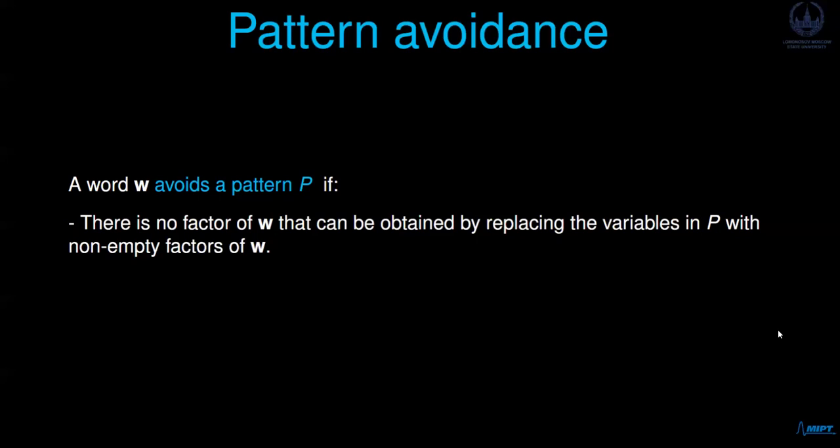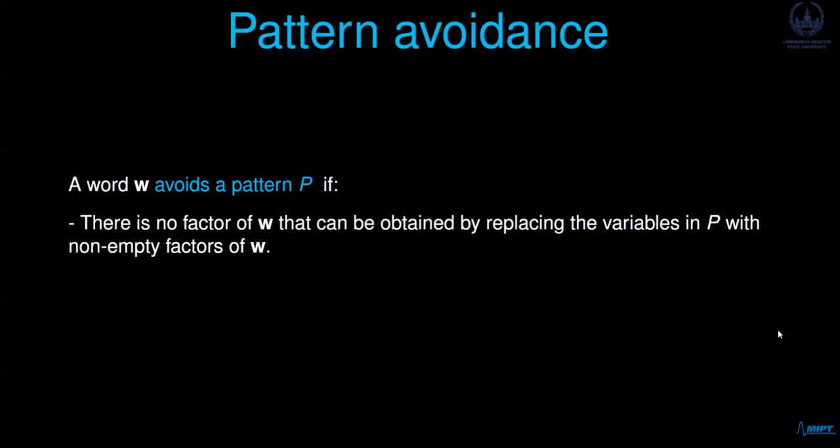So in other words, the pattern P consists of some placeholders or variables, and if we can replace those variables with parts of the word W and create a factor of W, then the pattern is not avoided.